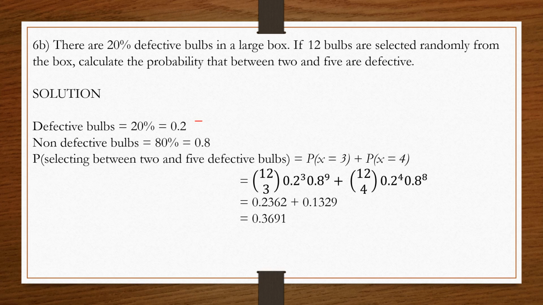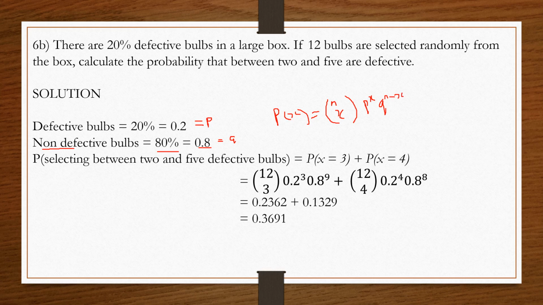So let that be my P. And for non-defective bulbs, minus 20 from 100%, we have 80% remaining, which is 0.8, and that is my Q. And we are saying that the probability of X is equal to N choose X, P raised to power X, and then Q raised to power N minus X. So that's what we are going to use.